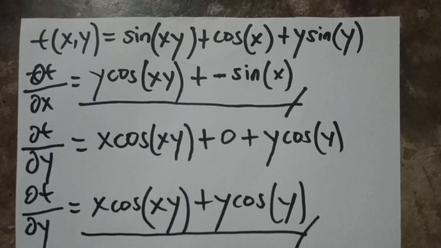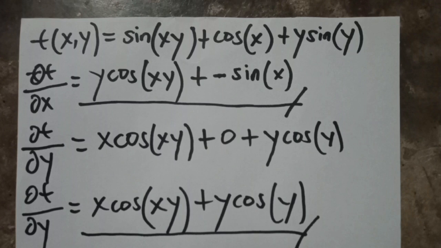Second, we'll find the partial derivative of f with respect to y. So, the derivative of sine of xy, again we use the chain rule. The derivative of sine u is cos u, and the derivative of the inside function xy with respect to y is x.